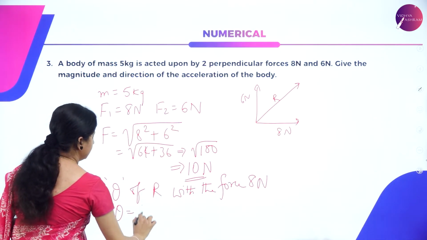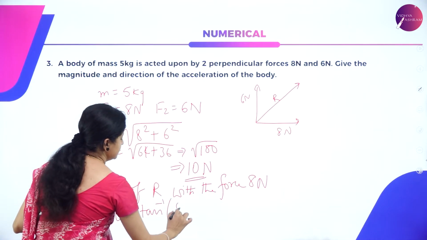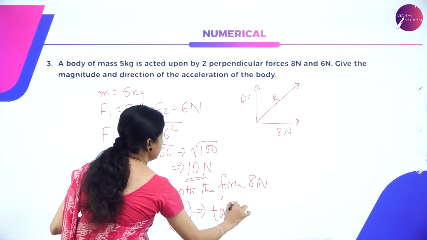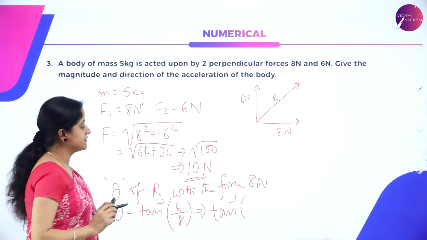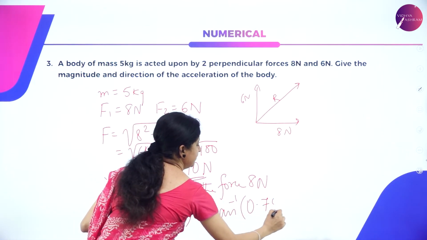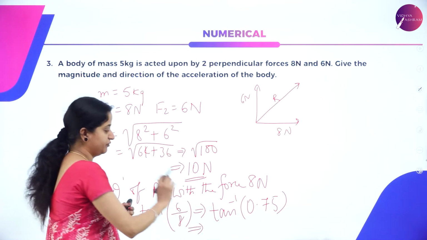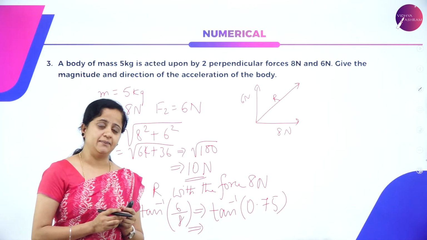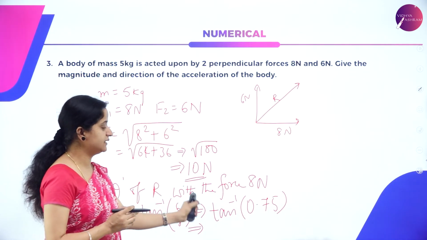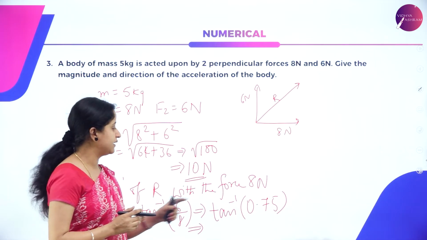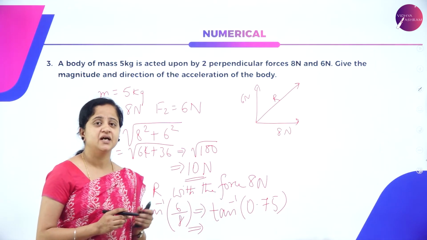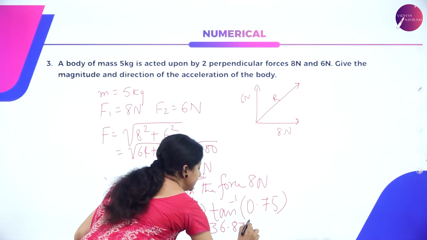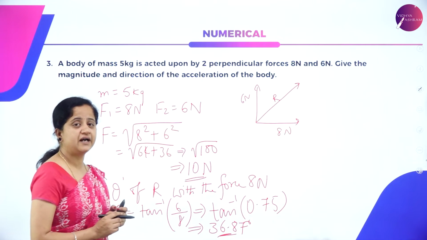Then theta can be calculated as tan inverse of 6 divided by 8. What is tan inverse of 6 divided by 8? 6 divided by 8 gives us the value 0.75. So we have to find out the value of tan inverse of 0.75 by making use of a table. In that you can check the inverse tan value of 0.75, and the answer we get here is 36.87 degree. So this is the direction of acceleration.